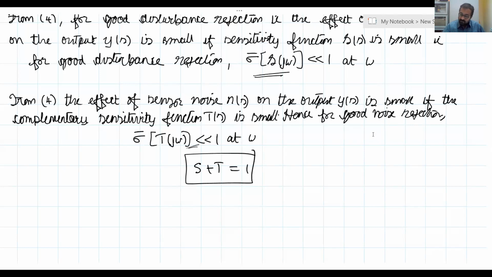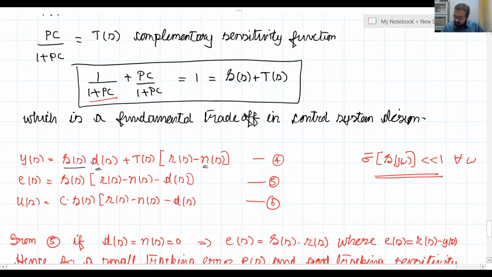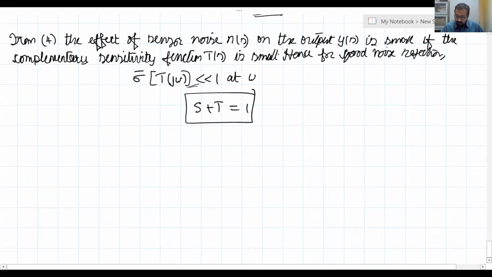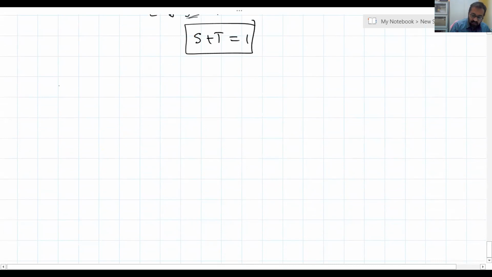So that means if you plot the complementary sensitivity and sensitivity in a Bode magnitude plot, how would be the shape? The frequency shape will be something like this. Keep in mind, I am plotting the Bode magnitude plot for the complementary sensitivity function T of S. So this should be the ideal graph. This is preferred.